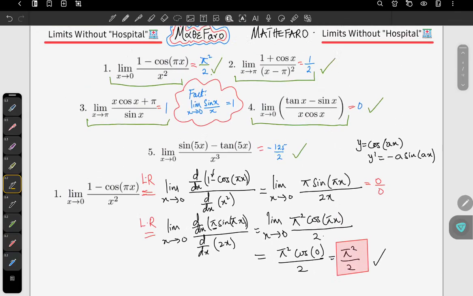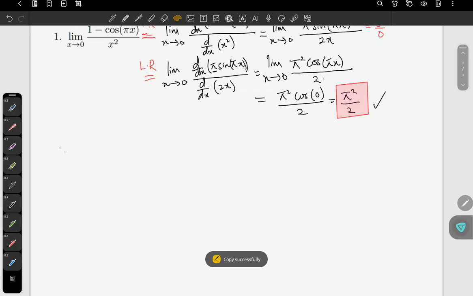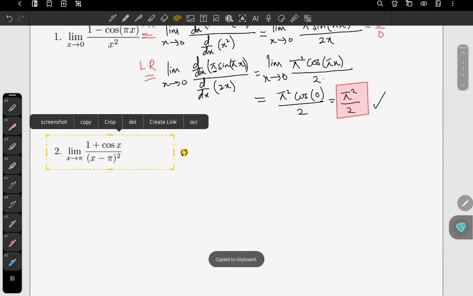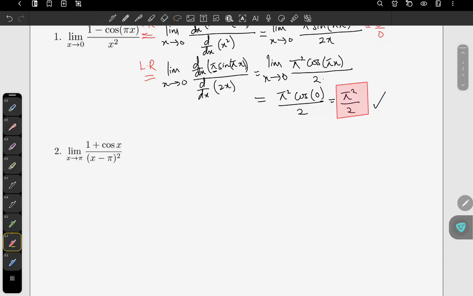The next question, let's quickly copy that. Copy, paste. So direct substitution again will give us 0 over 0. We have already seen that before, so I'm not going to do that again.